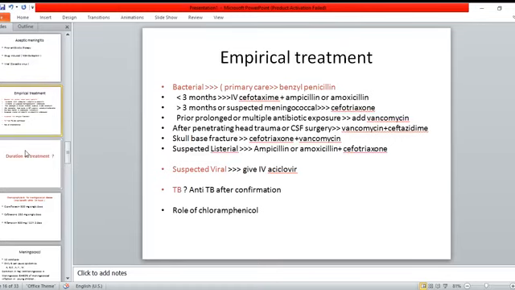If there is any history suspicious of listeria, so an immunosuppressed patient, or French cheese intake, you also add ampicillin or amoxicillin. If there is a prolonged or multiple exposure to antibiotics before presentation, add vancomycin. If there is head trauma or CSF surgery, add vancomycin.